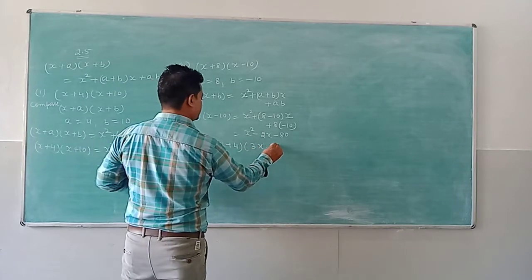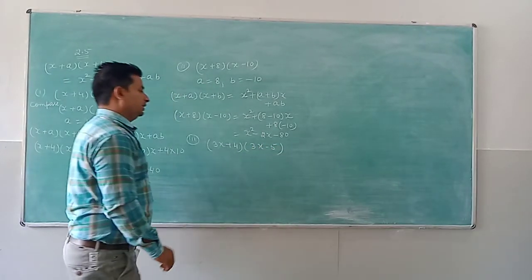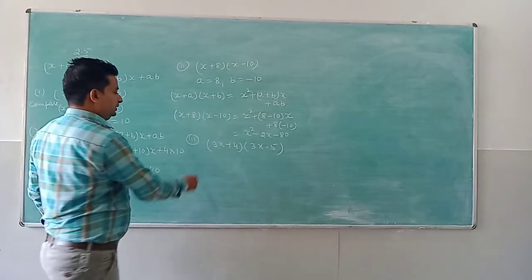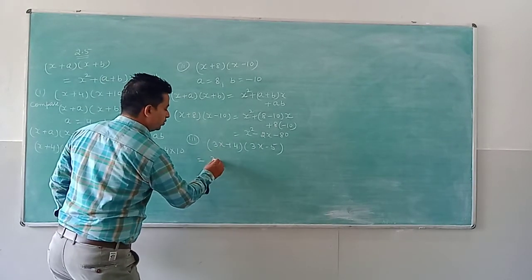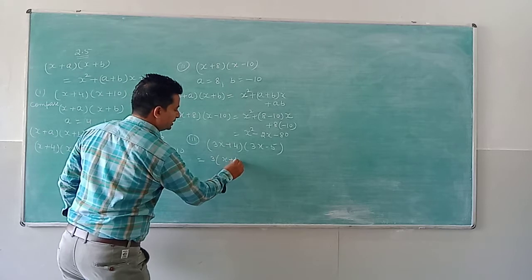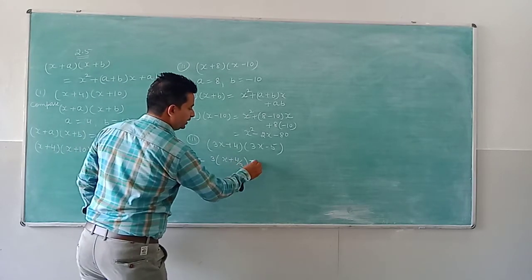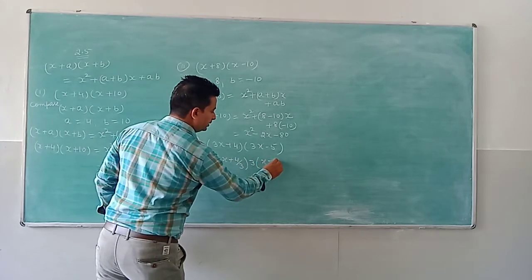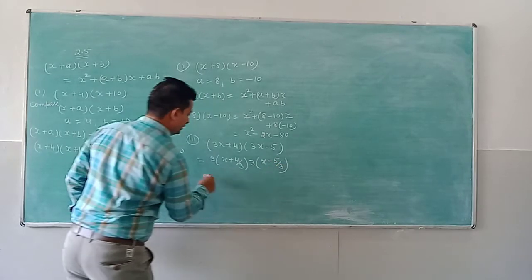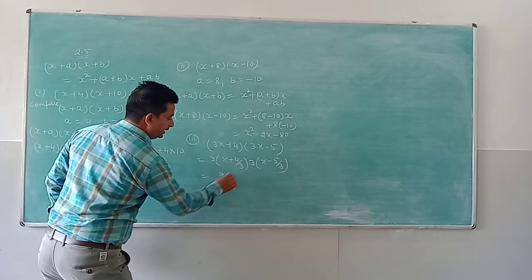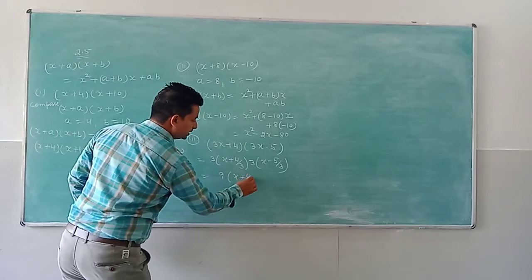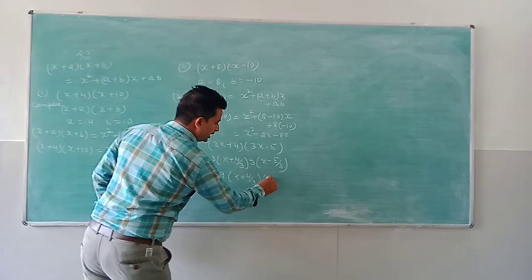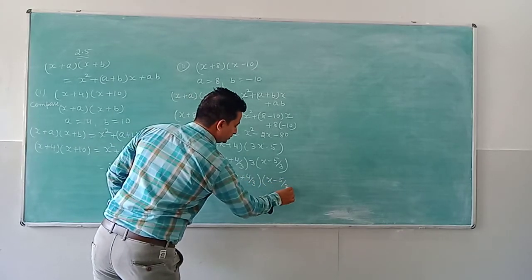In third question, (3x + 4)(3x + 5). For this product, when we take 3 common, this is 3(x + 4/3). When we take 3 common, this is 3(x + 5/3). This becomes 9(x + 4/3)(x + 5/3).